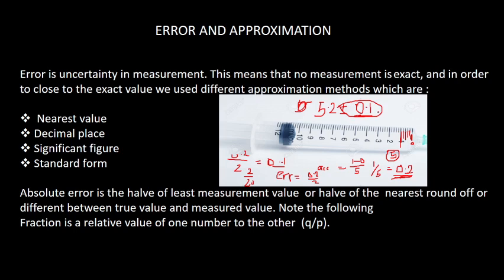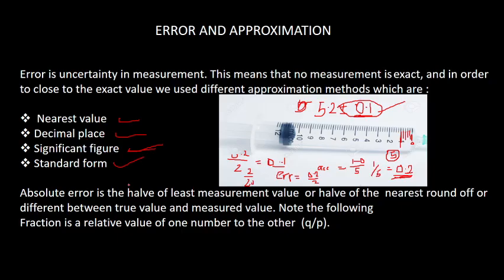But many of us leave it out and go to what we call approximation. An approximation is to give you something that will be very close to that particular real value. There are many ways approximation can be taken, and they include nearest value, decimal places, significant figure, and standard form.